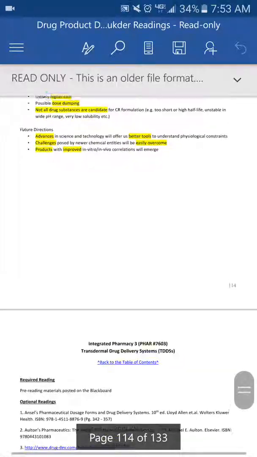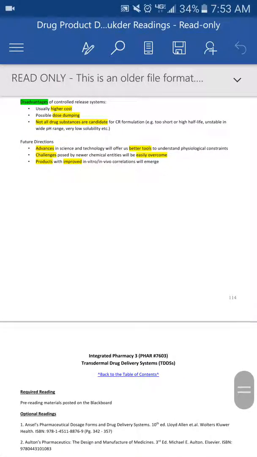You want it to be relatively soluble in aqueous, but you want it to have enough lipophilicity to cross the membrane. So then there you have to maintain your partition coefficient, and it says the optimum is 1,000 to 1.